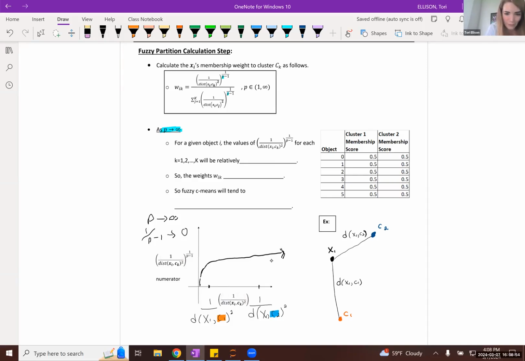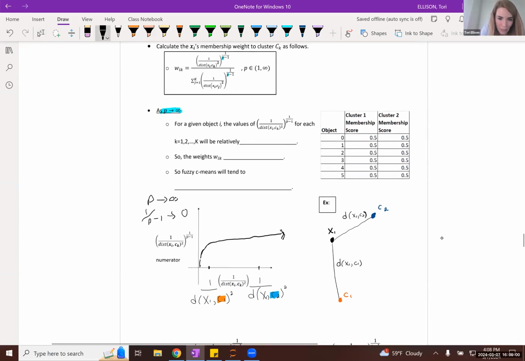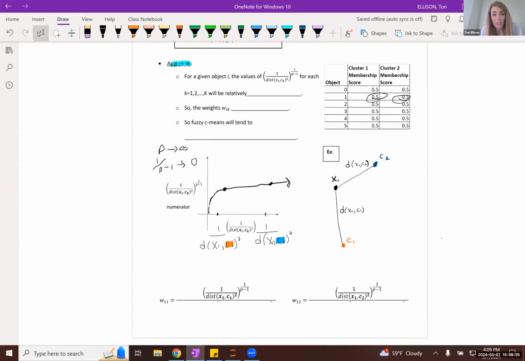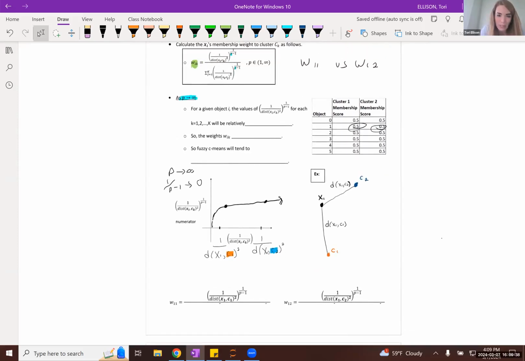Okay. So if we were to actually calculate the numerator value in this WIK equation here, when we're considering W11 versus W12, or in other words, the extent to which observation 1 belongs to these two clusters, then we can see that our numerator value for this WIK is going to be relatively comparable.